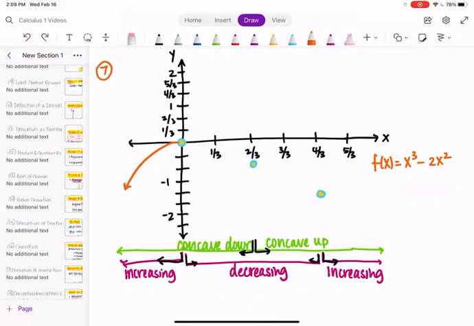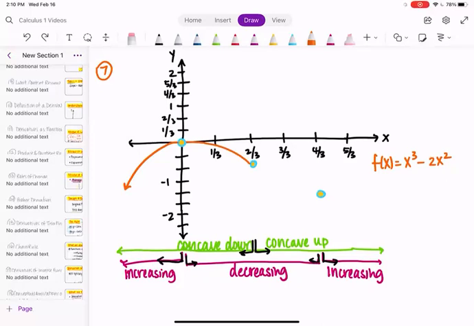And then maintaining that same general shape, but now making the function decrease, that's what it would look like for the decreasing half. So this whole section is still concave down. It's like a frown overall, but it's increasing at the beginning and then decreasing at the end. So that's what we needed.